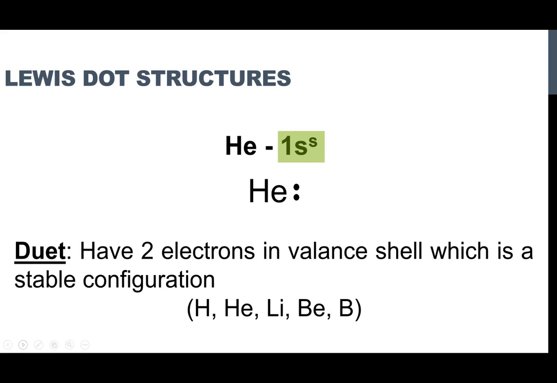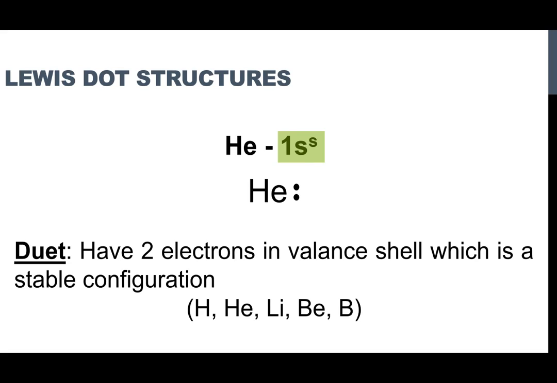Our big exception to the octet rule is what's called a duet. A duet is having 2 electrons in a valence shell, particularly in the first valence shell, and that makes it particularly stable. If you look at your periodic table, you'll notice that helium is above the noble gases in row 18 or 8A.